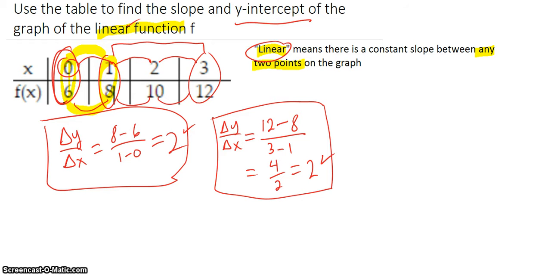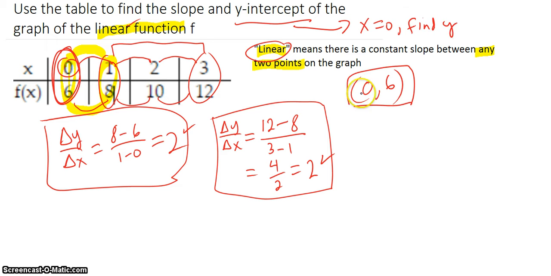But since there's a point (0, 6) here, and the y-intercept is when x equals 0 and we find y, then since (0, 6) is a point on this function, the y-intercept point is (0, 6).